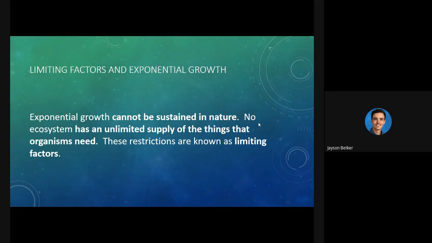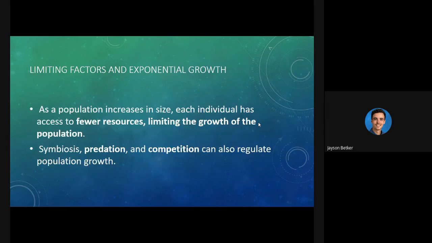These restrictions that don't let us have that unlimited exponential growth that populations naturally want to have are called limiting factors. They happen naturally inside of our ecosystems all around us, which limit population growth to not be so exponential. What are limiting factors?